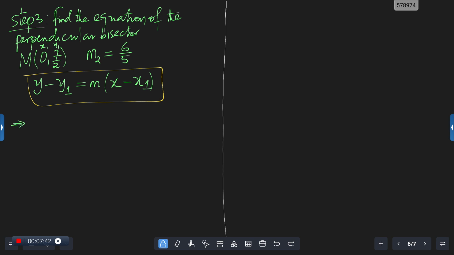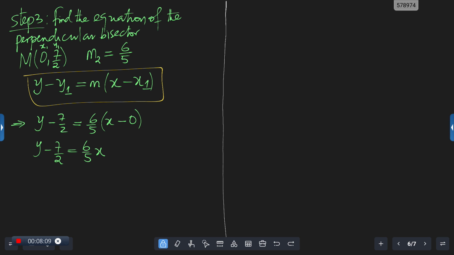Now, this becomes y minus 7/2 equals 6/5 times x minus 0. We simplify. y minus 7/2 equals 6/5 x. 6/5 times 0 gives us 0.